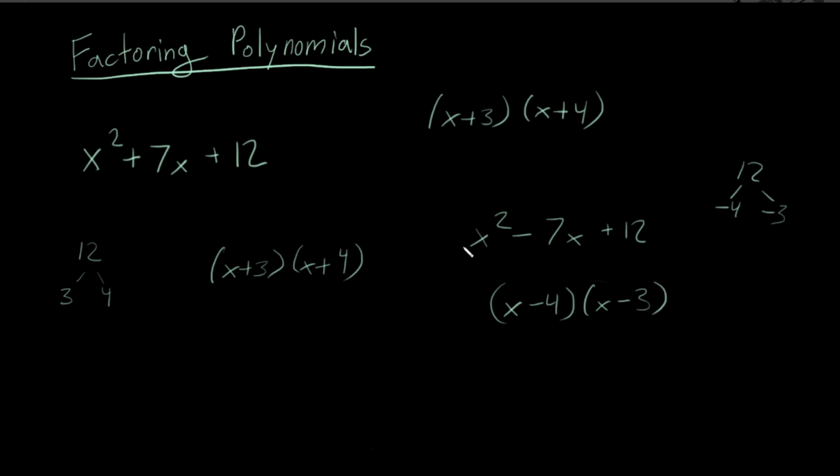Now, this is just a faster trick for trinomials, and technically it really only works this way if your coefficient is 1. So this trick only works if it's 1. However, if your coefficient is any other number, you'd have to try factoring it down using product sum.